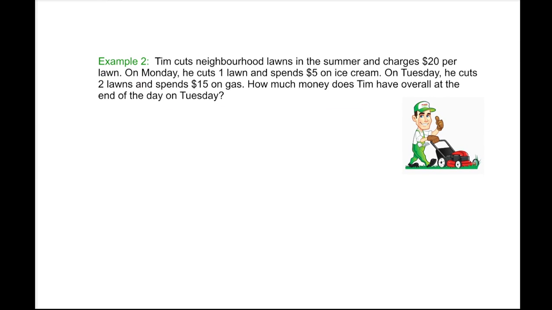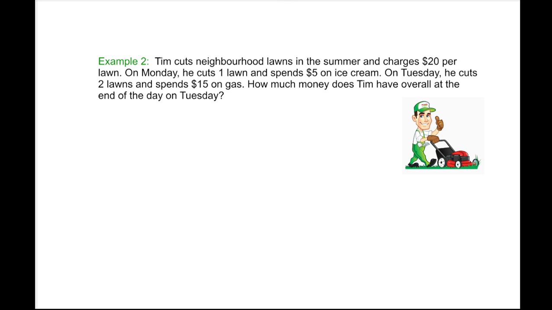Example number 2. Tim cuts neighborhood lawns in the summer and charges $20 per lawn. On Monday, he cuts 1 lawn and spends $5 on ice cream. On Tuesday, he cuts 2 lawns and spends $15 on gas. How much money does Tim have overall at the end of the day?